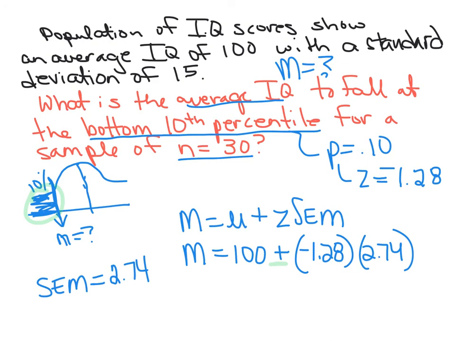So what I'm doing is I'm going to plug in negative 1.28 times 2.74, and that is negative 3.5072. Okay? That should be subtracted from your population mean of 100.